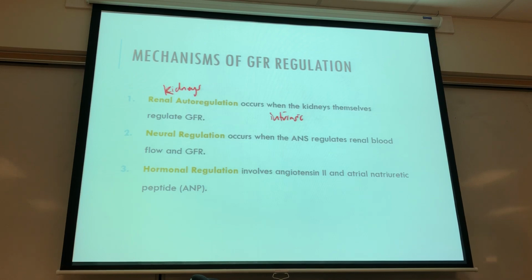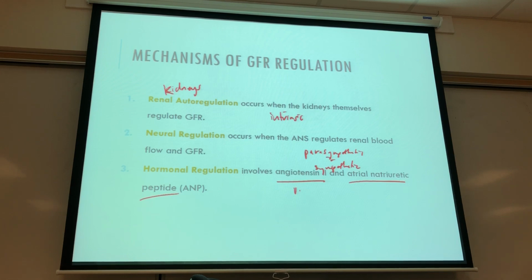Neural regulation is going to involve the autonomic nervous system, where we're going to see parasympathetic and sympathetic pathways that will adjust the blood flow into the glomerular capillaries, as well as the glomerular filtration rate. And the hormonal regulation is going to involve other hormones, namely angiotensin II, as well as atrial natriuretic peptide.